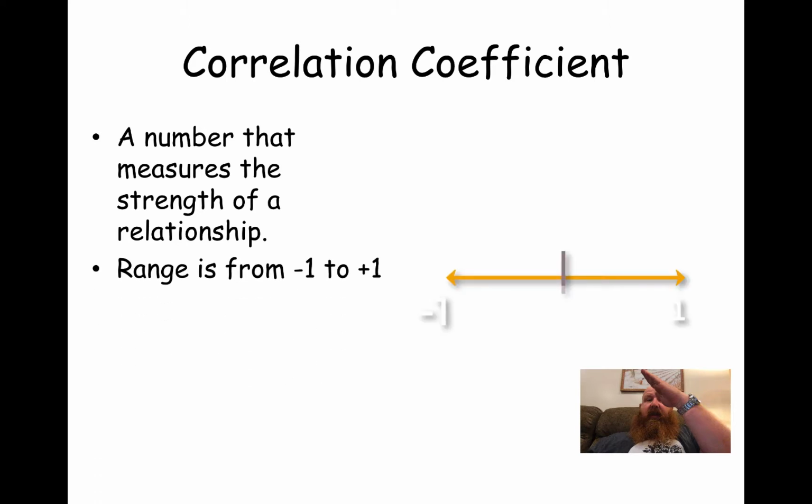And this is going to range from -1 to 1. And here's your positive and negative again. That's the highest it's going to go, -1 or 1. So again, think of this as a number line, where -1 is as strong a relationship as you can get on the negative side, meaning the variables go different ways.